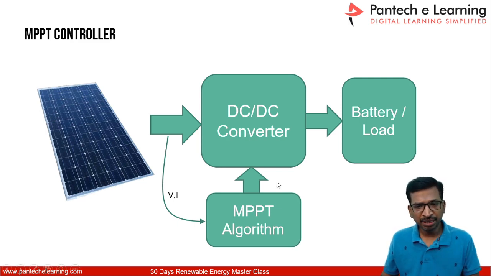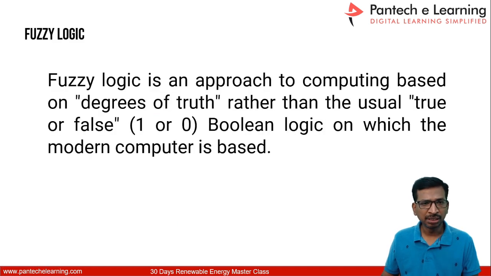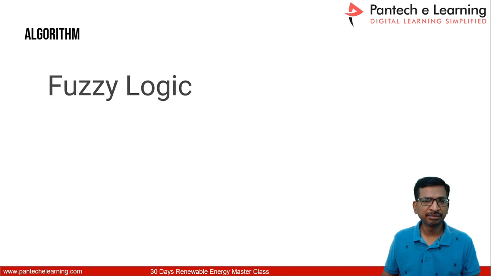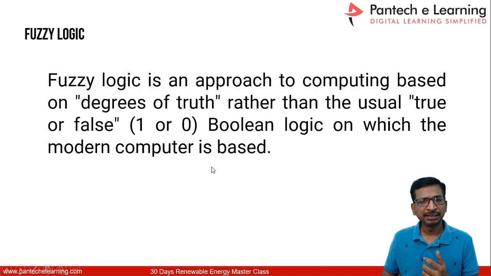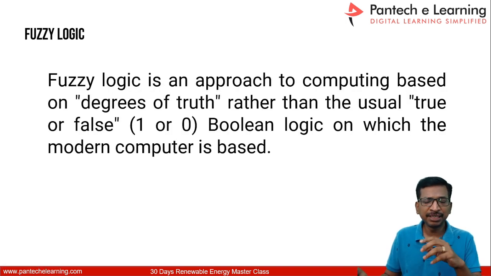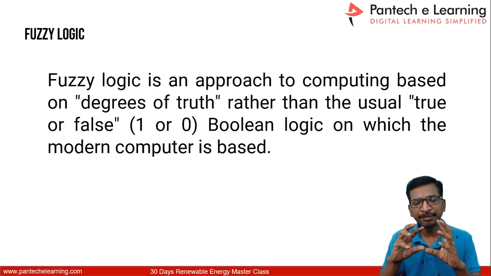Now, to achieve this, we are going to use the fuzzy logic controller. In this session, in this MPPT converter, we are going to use this fuzzy logic controller. Here, fuzzy logic is nothing but a simple calculating method to identify the exact degree of truth.